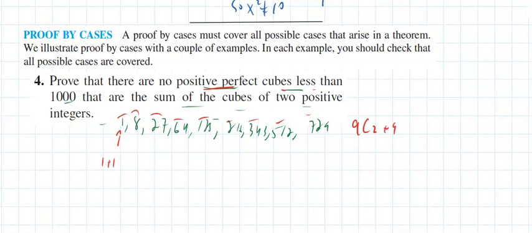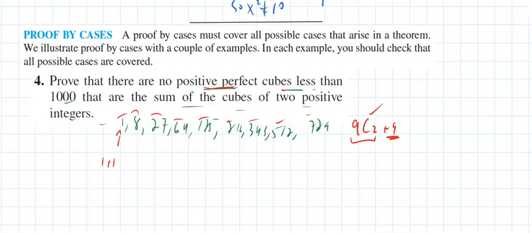Distinct pairs are 1 and 8, 1 and 27, 1 and 64, 1 and 125, 1 and 216. But we also have to use 1 and 1, 8 and 8, because it says prove that there are no positive perfect cubes less than 1,000 that are the sum of the cubes of two positive integers.